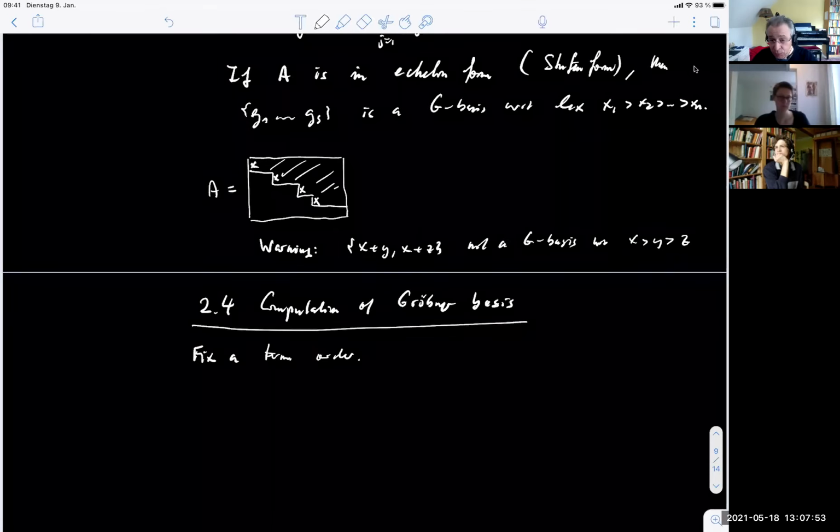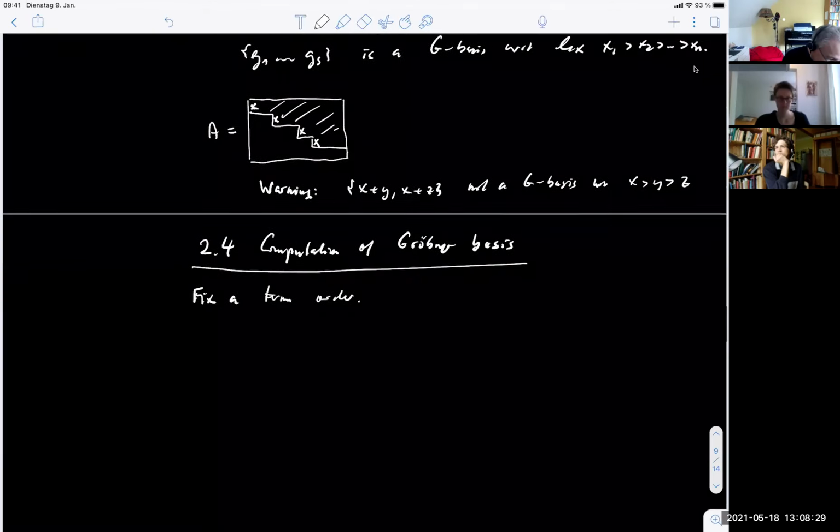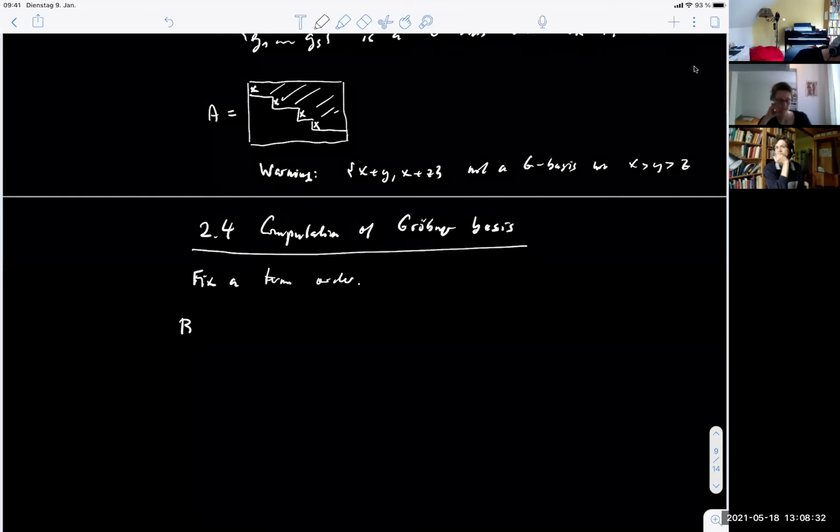Every time I add a polynomial to the list, I strictly increase the leading ideal, and Dickson's lemma tells me every chain of such increasing monomial ideals must become stationary. So after finitely many steps, the initial ideal will be fixed, and this is the essential idea to show that the algorithm terminates. This is so simple I can explain it without writing anything, but it's better to write. So let me write this as an algorithm, Buchberger's algorithm.